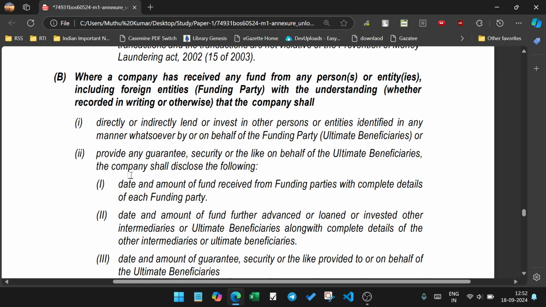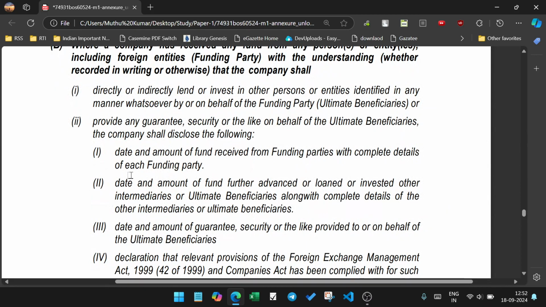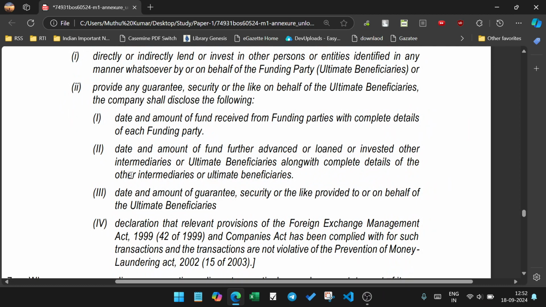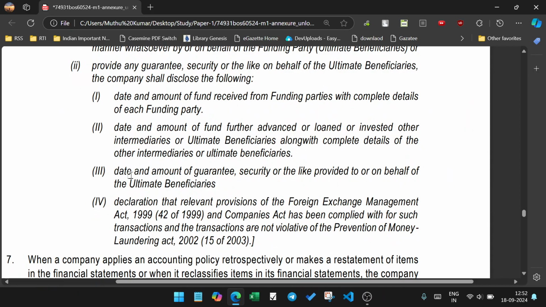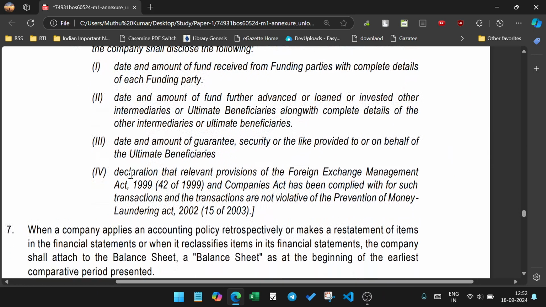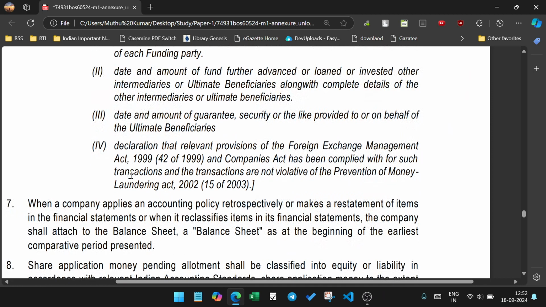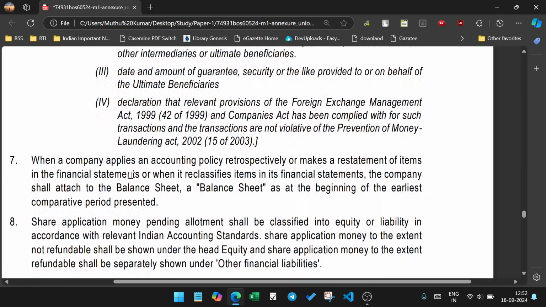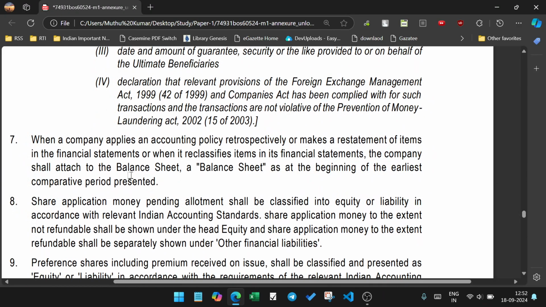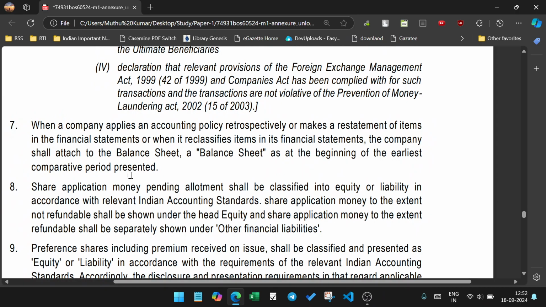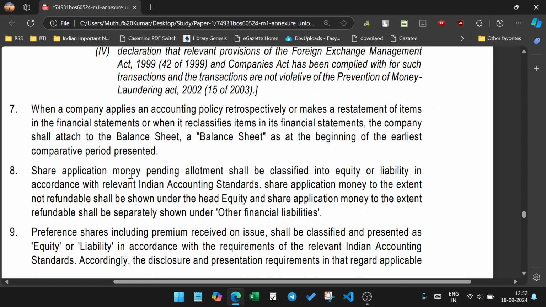Where a company has received any funds from any persons or entities, including foreign entities (funding parties), with the understanding, whether recorded in writing or otherwise, that the company shall directly or indirectly lend or invest in persons or entities identified by or on behalf of the funding party (ultimate beneficiaries), or provide any guarantee, security or the like on behalf of the ultimate beneficiaries, the company shall disclose the following: the date and amount of funds received from funding parties, with complete details of each funding party; the date and amount of funds further advanced, loaned or invested in other intermediaries or ultimate beneficiaries, with complete details; the date and amount of guarantee or security provided on behalf of the ultimate beneficiaries; and a declaration that the provisions of the Foreign Exchange Management Act 1999 have been complied with and the transactions are not violative of the Prevention of Money Laundering Act 2002.